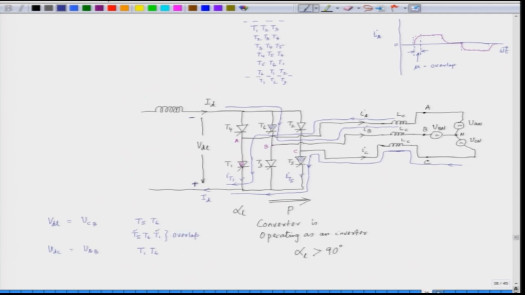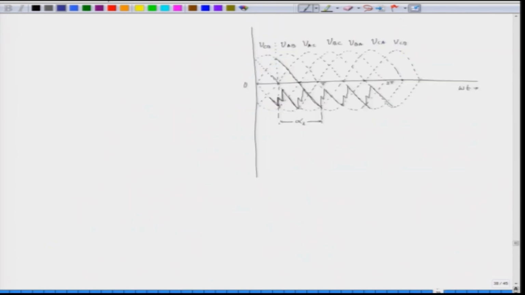Now, we will try to analyze it further. If we see the equivalent circuit, we can draw it here.